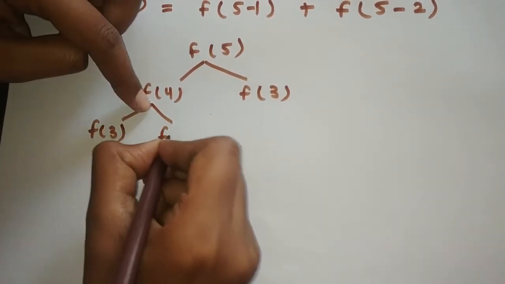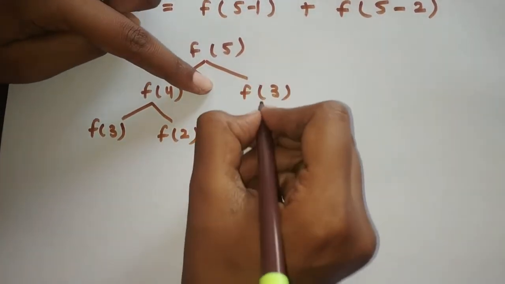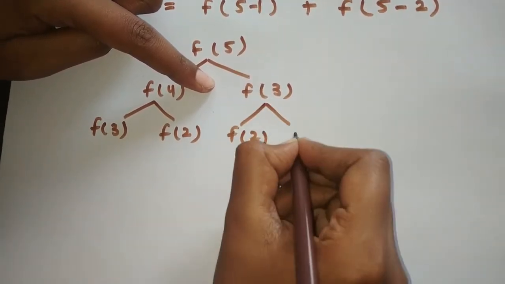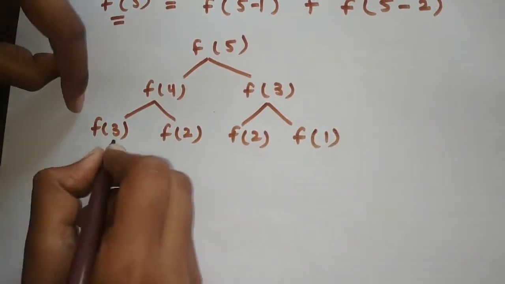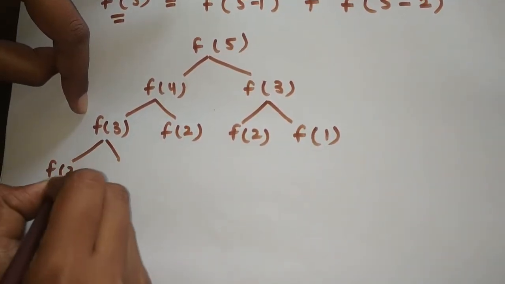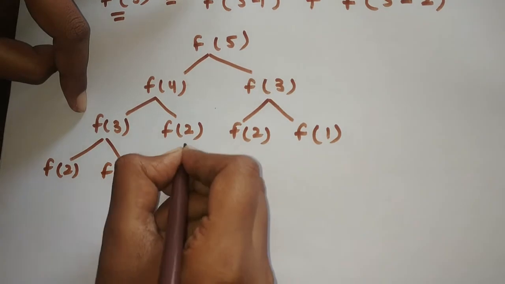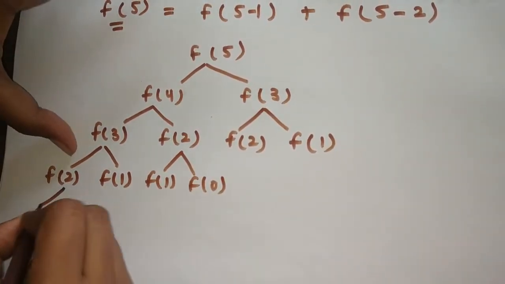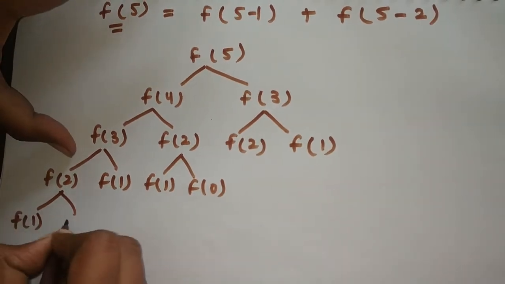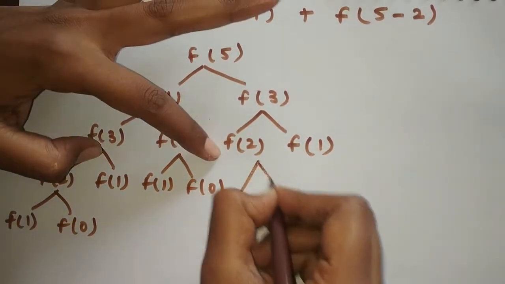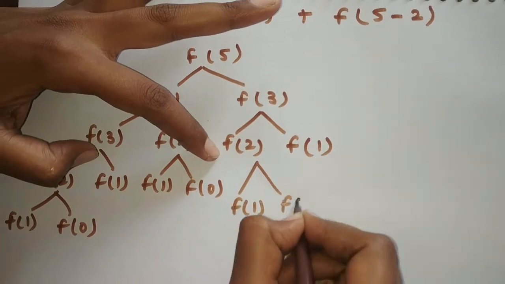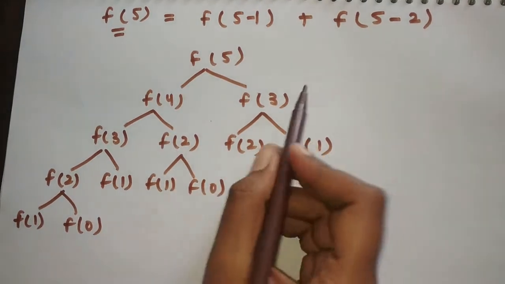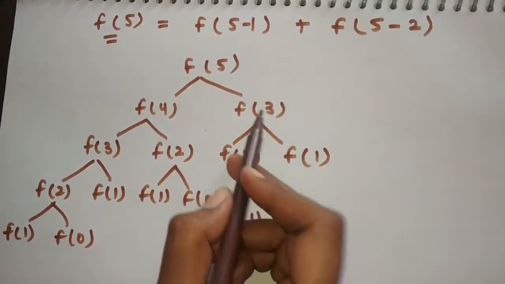How will we calculate f of 4? For f of 4 we have to calculate f of 3 and f of 2. Here also f of 2 and f of 1. Here f of 2 and f of 1. Here f of 1 and f of 0, and so on.